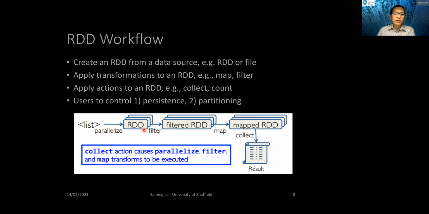Then we apply transformations, filter and map. After that, we apply an action called collect. This collect will produce a result. Only the collect action will cause these transformations to actually be executed.